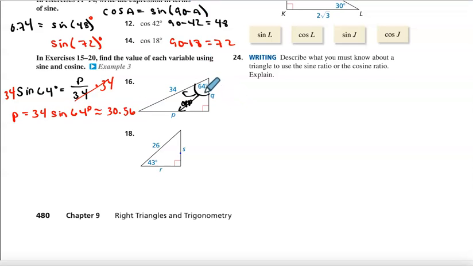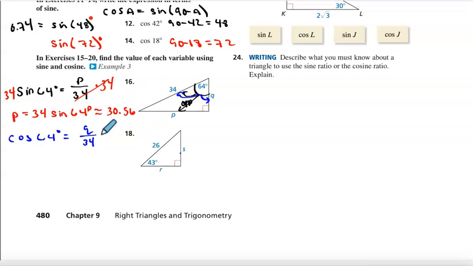Okay, then we need Q. For Q I have this as the adjacent, and there's my hypotenuse. So I'm going to use the cosine of 64 degrees is equal to the adjacent over the hypotenuse.